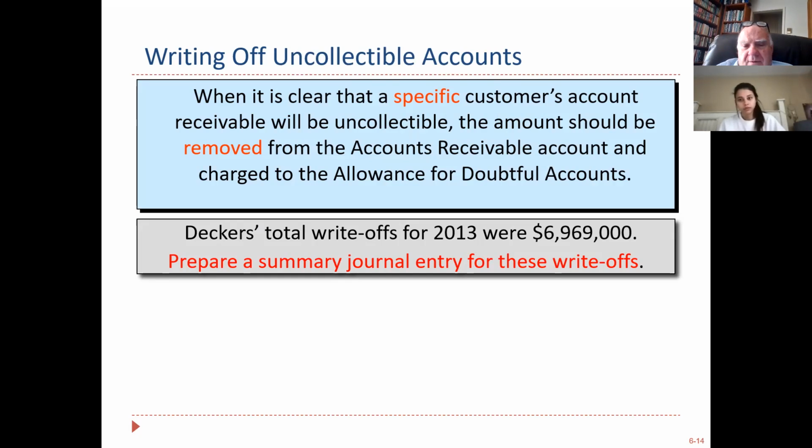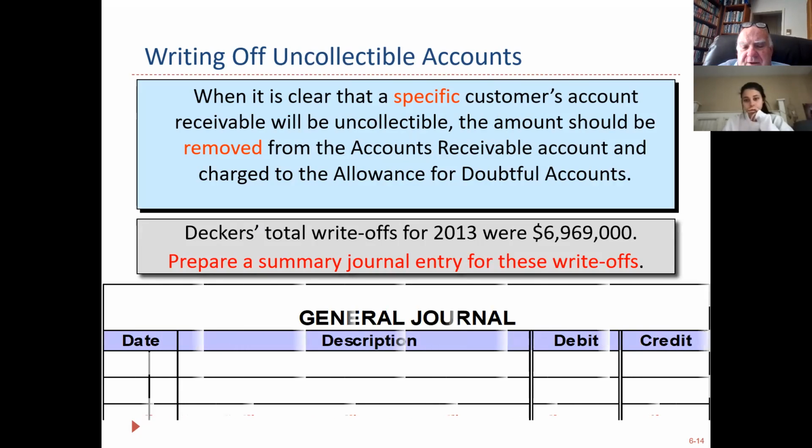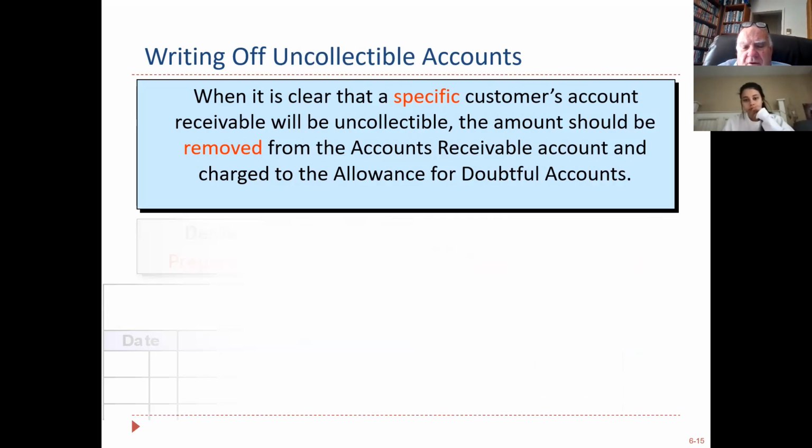Decker calls them up. They don't pay in 60 days. They don't pay in 90 days. You threaten to sue them. You do everything you can. And then finally, you have to throw up your hands. We're not going to get paid by these people. At that point, you can write it off. The reason we set up the allowance for doubtful accounts is to use it in the write-off.